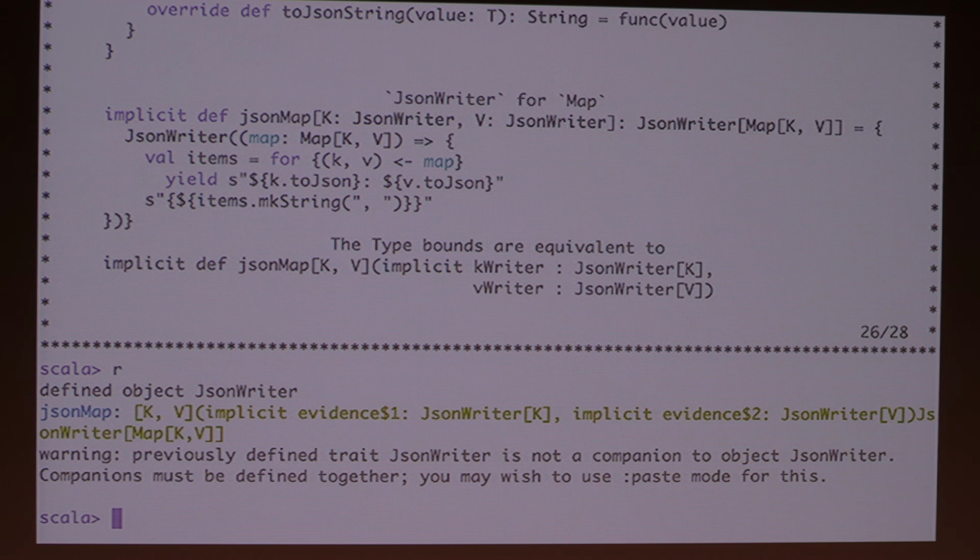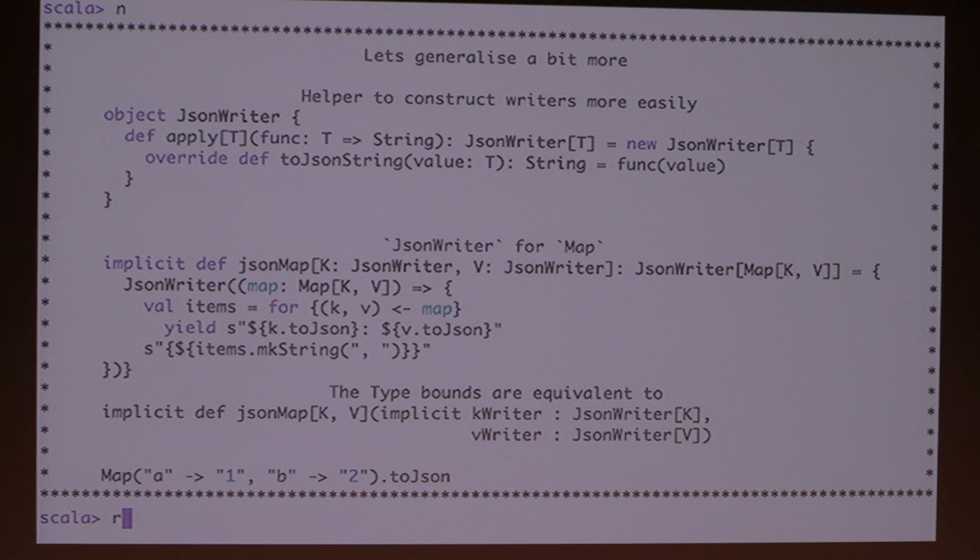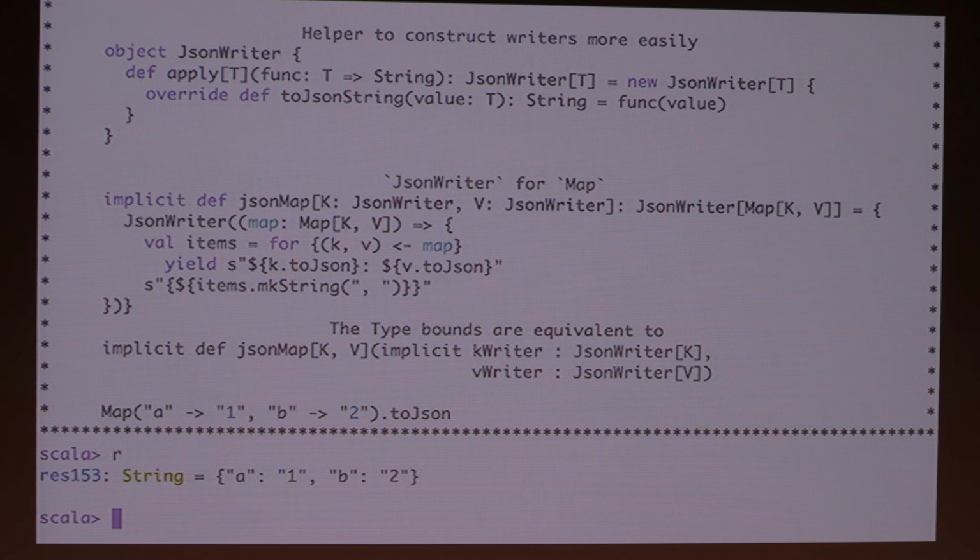Now if we run this, we can actually serialize maps now. So we have A1, B2 in this case, and it will work because we only use strings in here, and we have JSON writers available for the strings. So we also have a JSON writer available for map string.